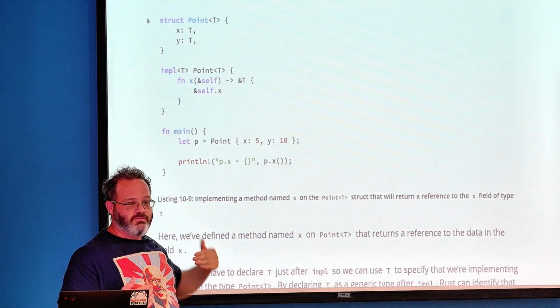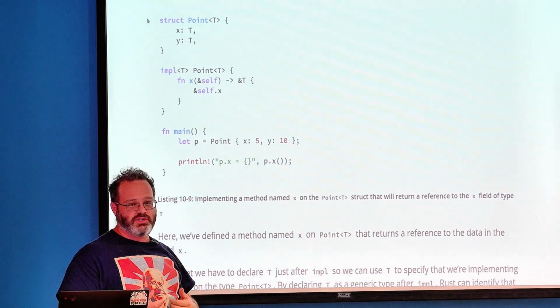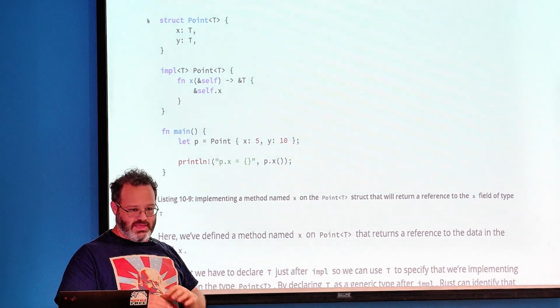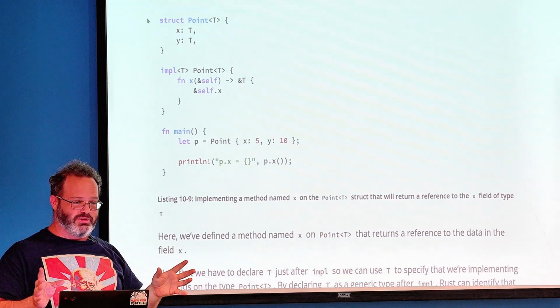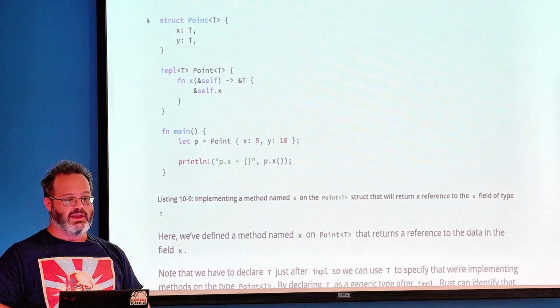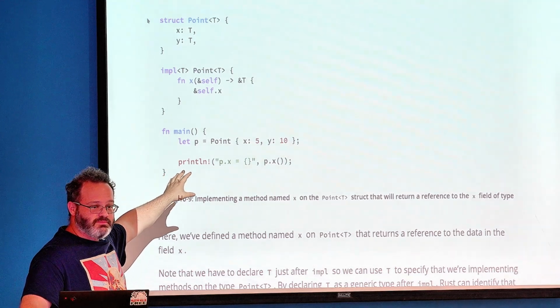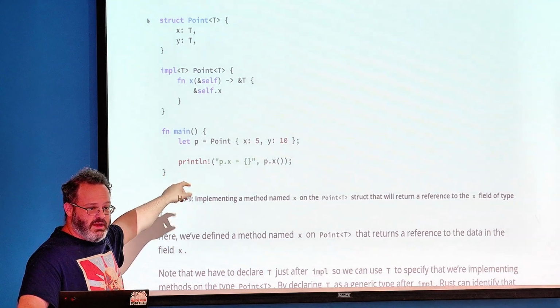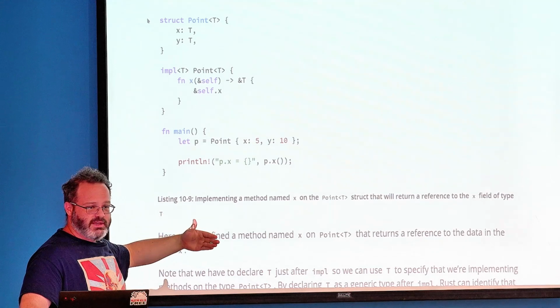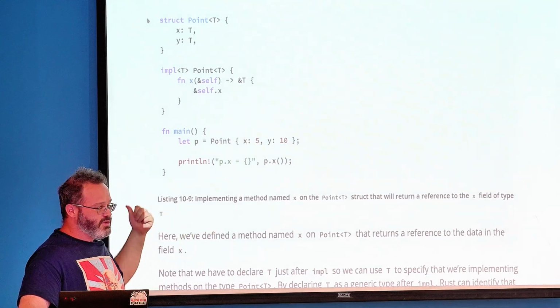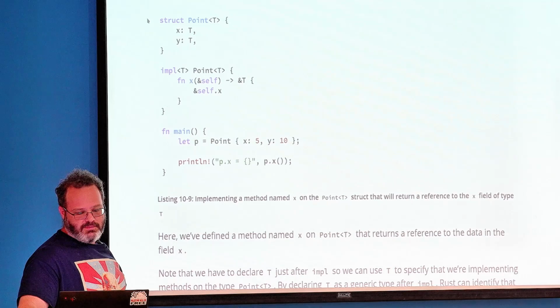You're supposed to give your users an ability to access your internal data. You're not supposed to let them disassemble your struct and figure out where everything is at. Because if you do that and you ever change your internal representation, you're going to have a lot of people pissed off at you. If you give them a controlled interface and you change your internal representation, so long as they get the same thing out of it, they're going to be fine.